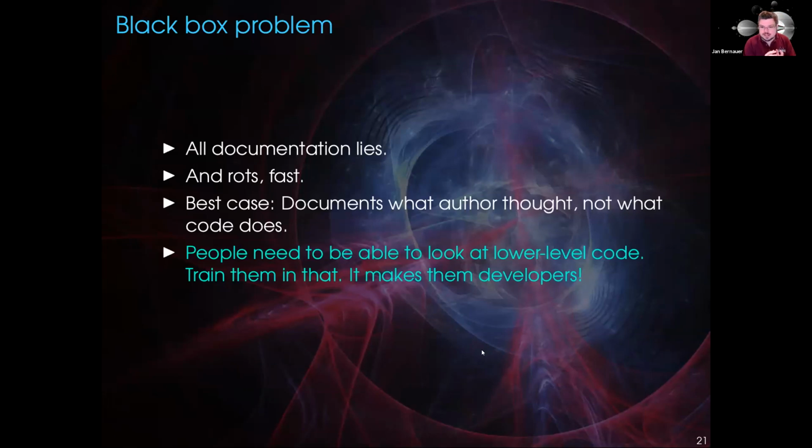And even if you have the best intentions, right, it rots fast. And in the best case, it only documents what the author thought the code does, not what the code actually does. So having the ability to read code is really, really important, right? They need to be able to look at lower level code and say, this is different from what it's written, right? And if they do that more and more, they will become developers.